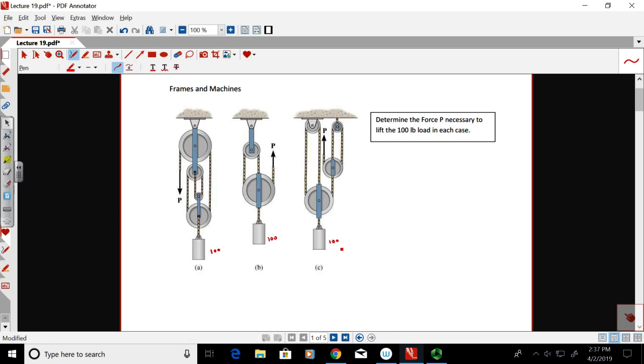The key thing first is that you want to follow the rope. One of the things you have to remember about a pulley system is that the force in a rope is constant throughout the pulley system. That's really the key principle.